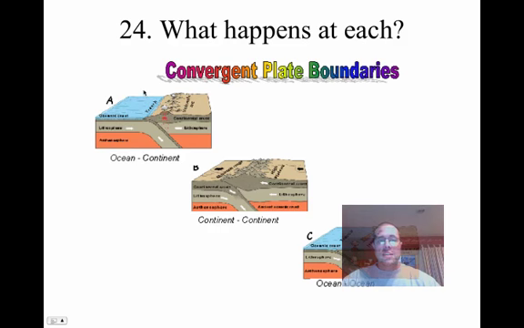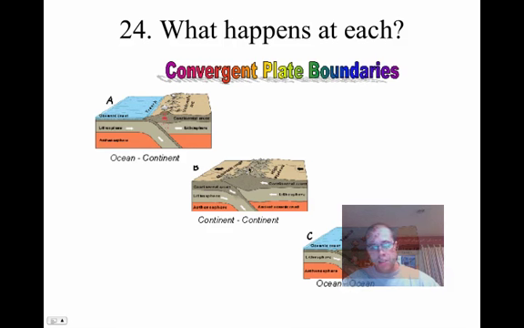Okay, so in this set of diagrams, what we're looking at here is A, B, and C. We have oceanic to continental, and we're seeing volcanic mountains being formed, and subduction, and you see the word trench right there. Trenches occur as the crust gets pulled down into it. Then we have continental to continental, where it's just mountain forming.